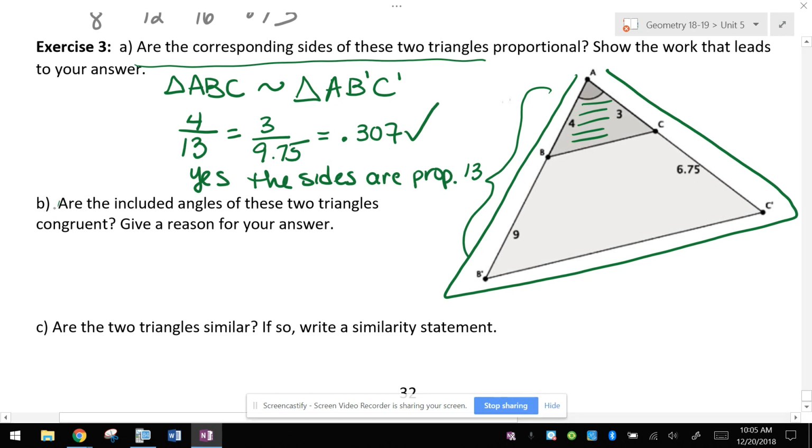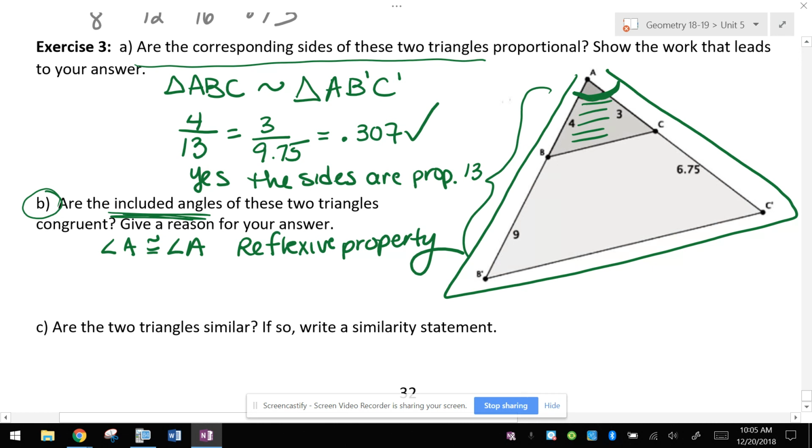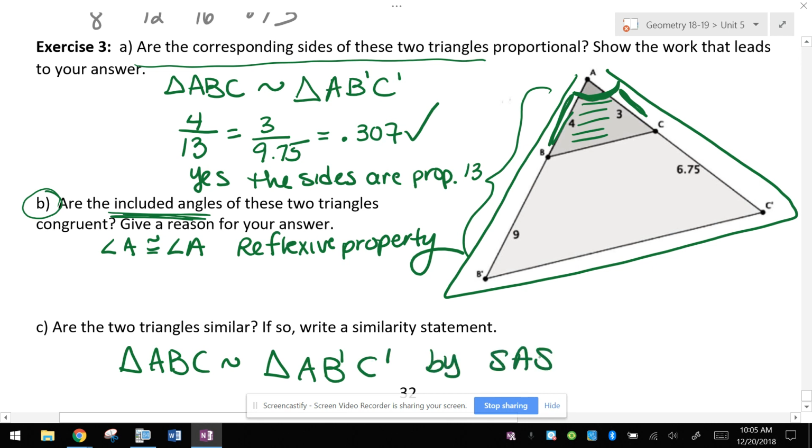But part B says, are the included angles congruent? Well, the included angle is that one up top. So angle A would be congruent to itself by the reflexive property. Which means when all is said and done, I have 2 sides and the angle in between. So triangle ABC is similar to triangle ABC' by SAS similarity.